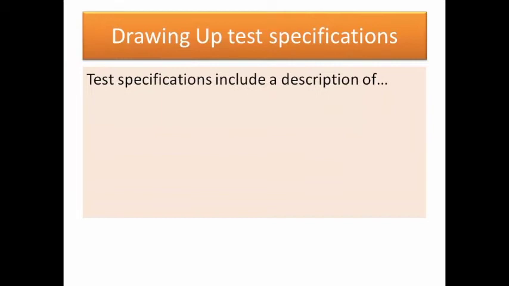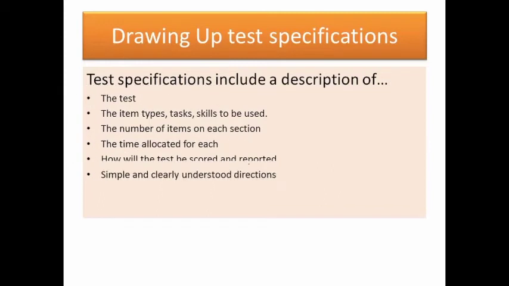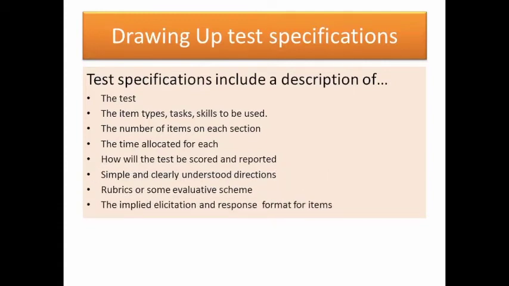Drawing up test specifications. Test specifications include a rich description of the test, the item types, tasks, and skills to be used, the number of items in each section, the time allocated for each item, how the test will be scored and reported, simple and clearly understood directions, rubrics or some evaluative scheme, and the response format for items.